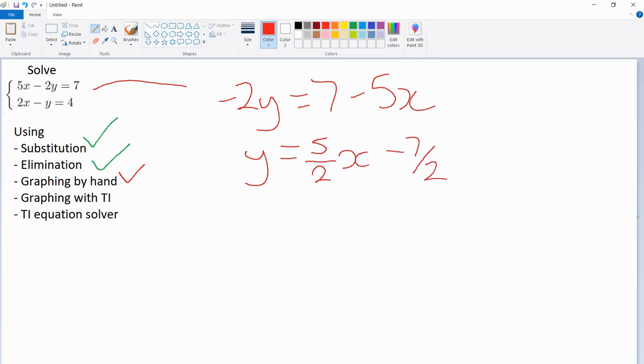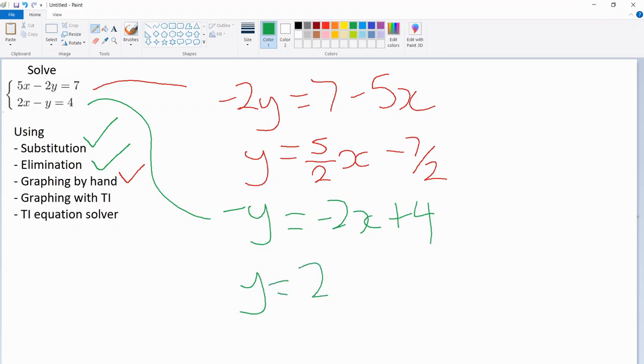Second equation: minus y equals -2x plus 4. Times by minus 1, y equals 2x minus 4. Okay, so those are what you can put into your calculator.